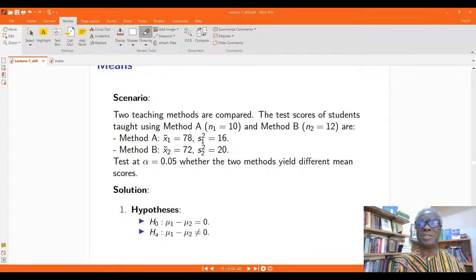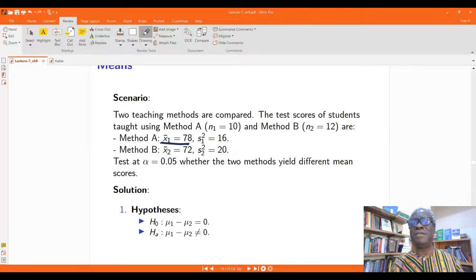The scores of the students were taken, and the average score of the sample of students taught with method A is 78.